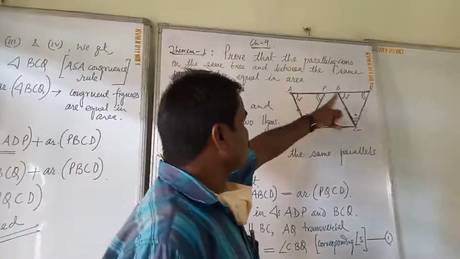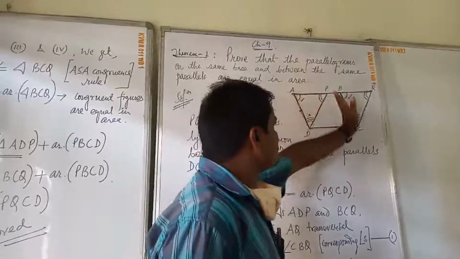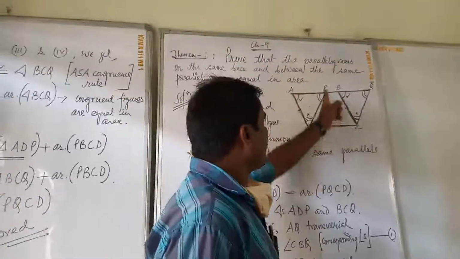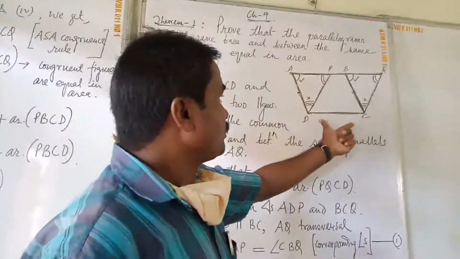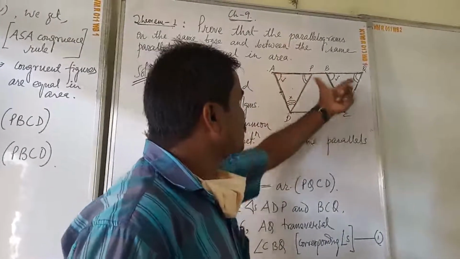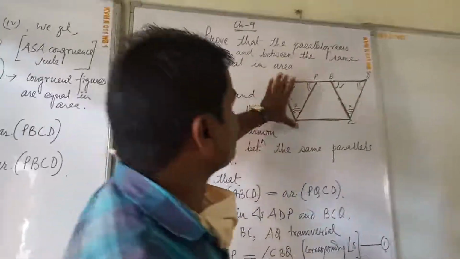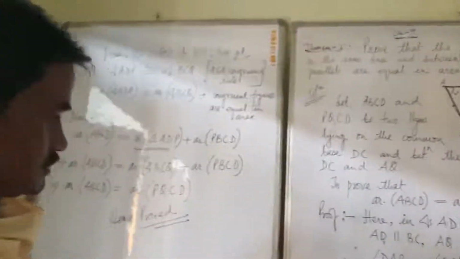So you have to draw this figure very carefully, so that ABCD and PQCD are both parallelograms. Whatever the length of DC, AB and PQ should be that length, and these two lines should also be parallel. Be careful to draw the figure, and then you see the explanation.